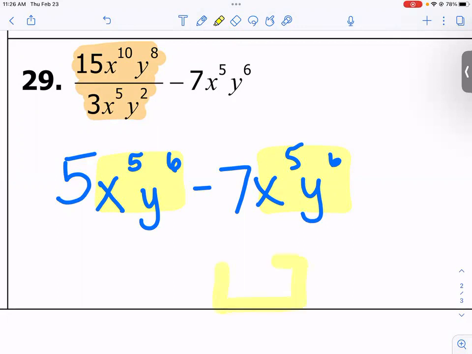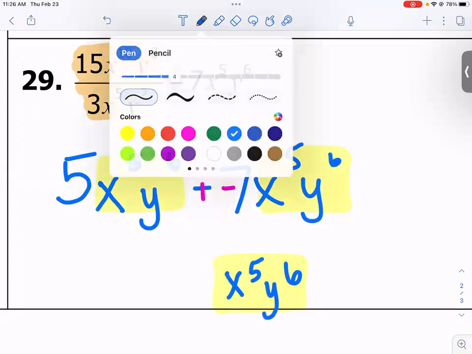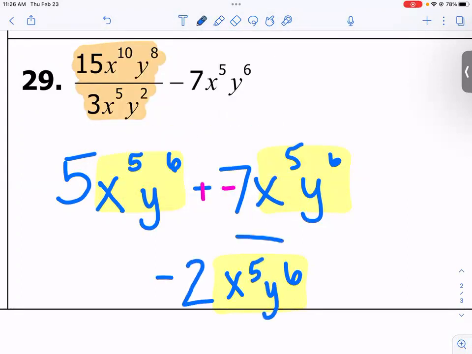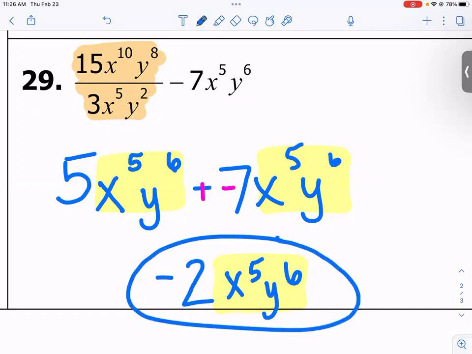We keep our like terms alike, and we are going to do the addition or subtraction with our coefficients. 5 minus 7, or if you need to do keep, change, change. 5 plus -7. -2.